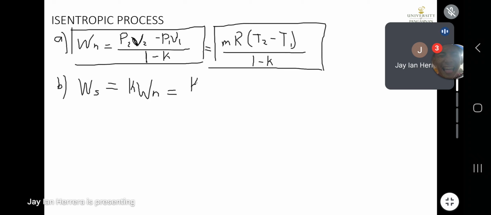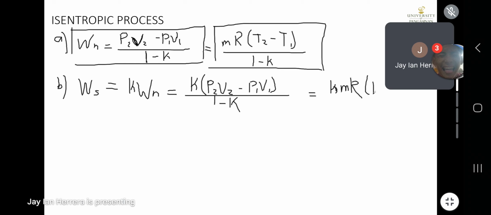Technically, parang maglagay lang tayo ng K sa unahan, yung MR (T2 minus T1) all over 1 minus K. And that is for work steady flow.